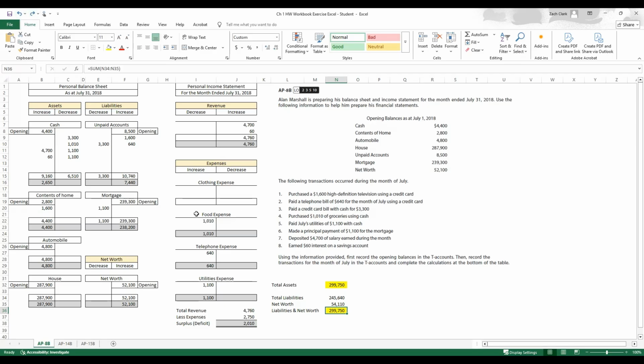If I didn't have this in here, one quick way you might approach being out of balance is to take the difference between assets and liabilities plus net worth and see that we're off by 1,100. That would be a clue to go back and say, oh, we did have two transactions here that were 1,100. Let me look through and see, here's an 1,100, two on the left side, but only one on the right side. You might catch yourself and fix your error that way.